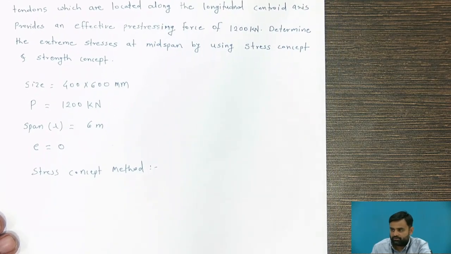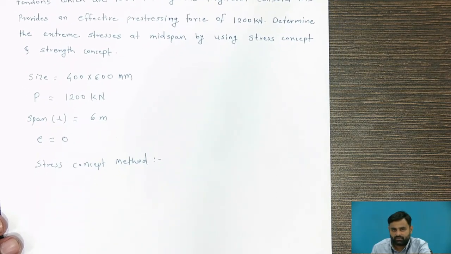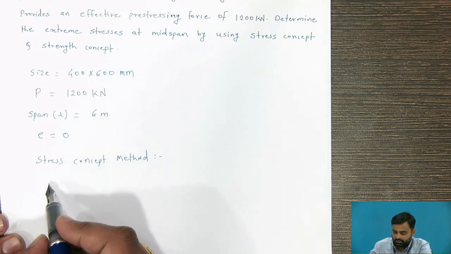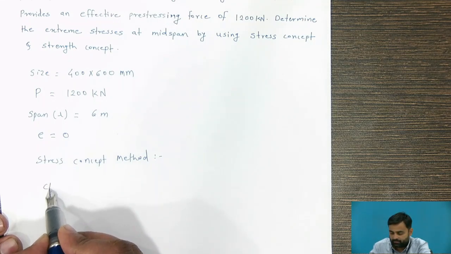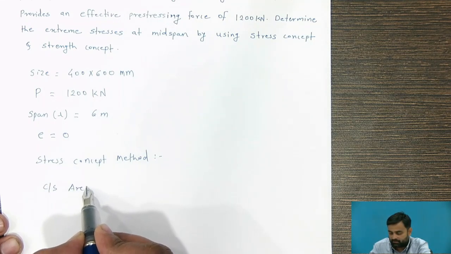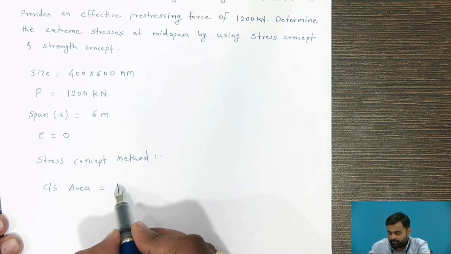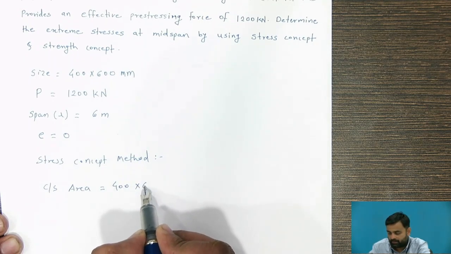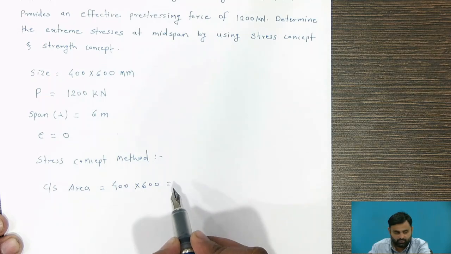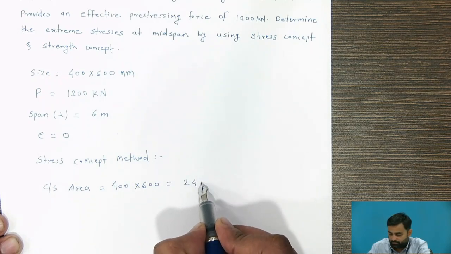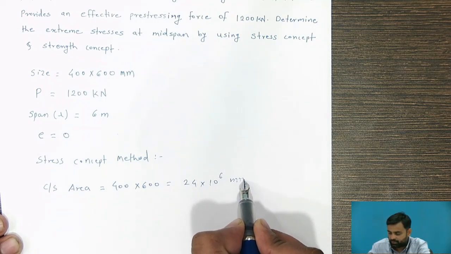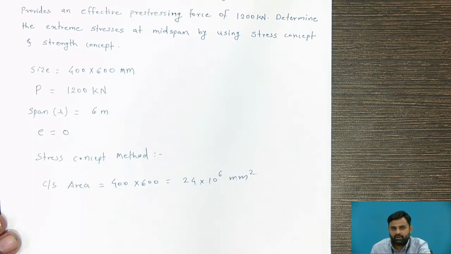So now by using this stress concept, first the cross-sectional area is equal to 400 by 600, which is equal to 24 into 10 raised to 5 mm square. This is the cross-sectional area.